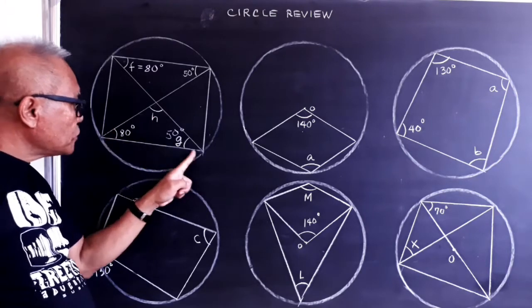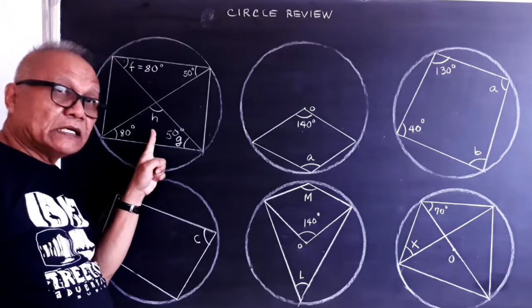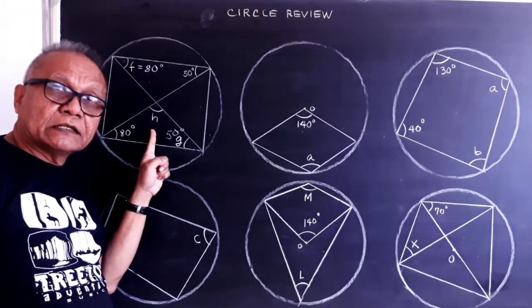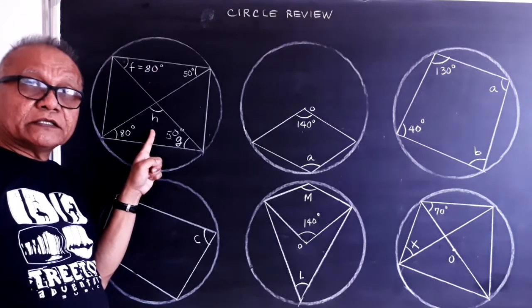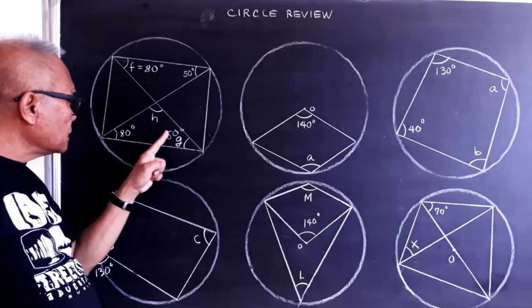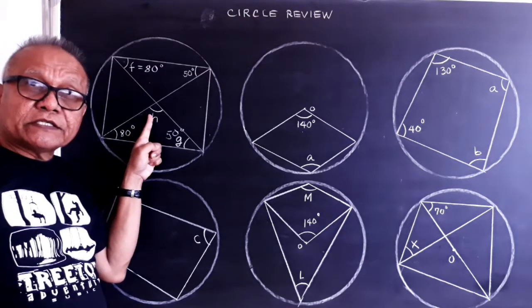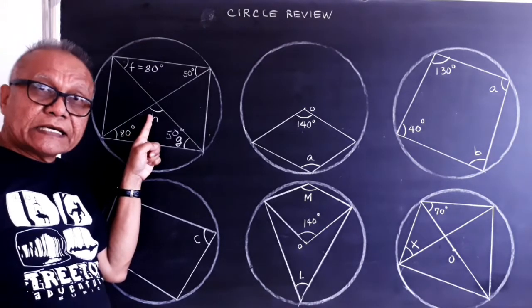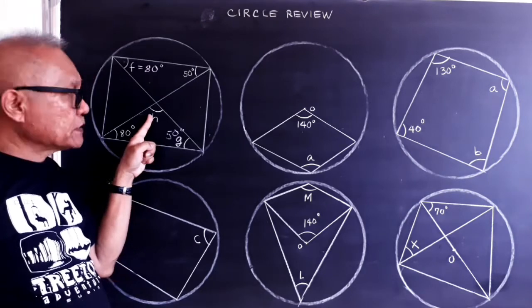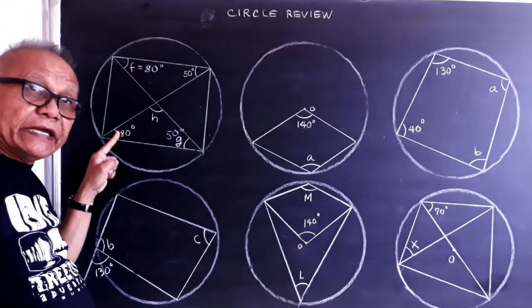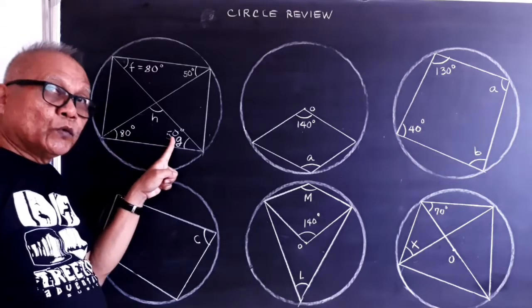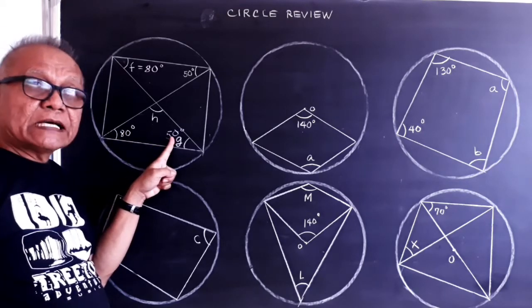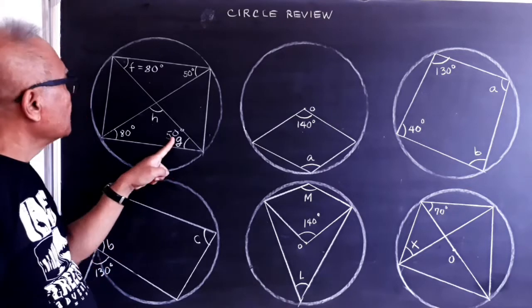What is this shape, class? This one is a triangle. In any triangle, the sum of the interior angles is always equal to 180 degrees. So if we have already the 80 and the 50, we just add these two and then subtract it from 180 degrees.